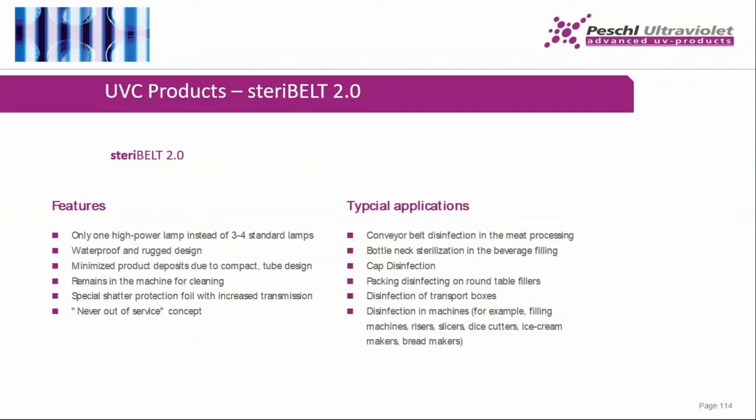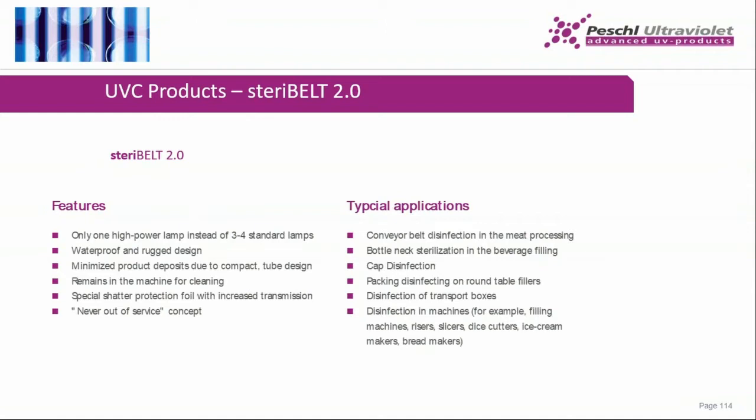If we look at the different things, we have a waterproof and rough design because we have more than 13 years of experience in this area, working in the food industry, and we see and hear about the results of our customers, and we also hear what they say, because we have to use a really rough design, especially in the meat industry for cleaning processes. This is really one of the important things.